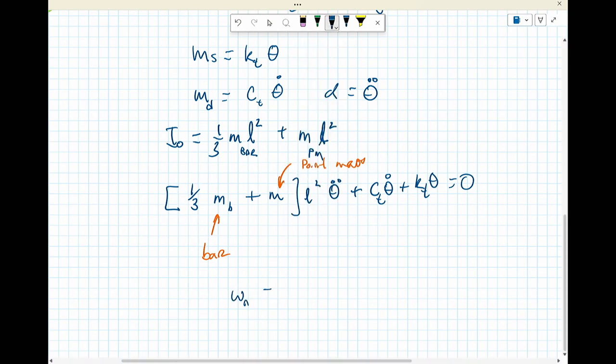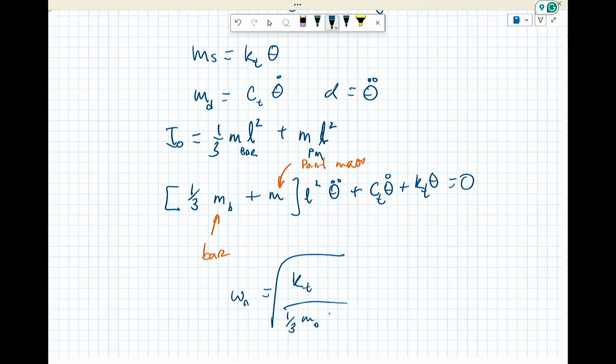So omega n of this system is the square root of K_T over (1/3 m_b plus mass times L squared), which equals 0.71 square root of K_T.